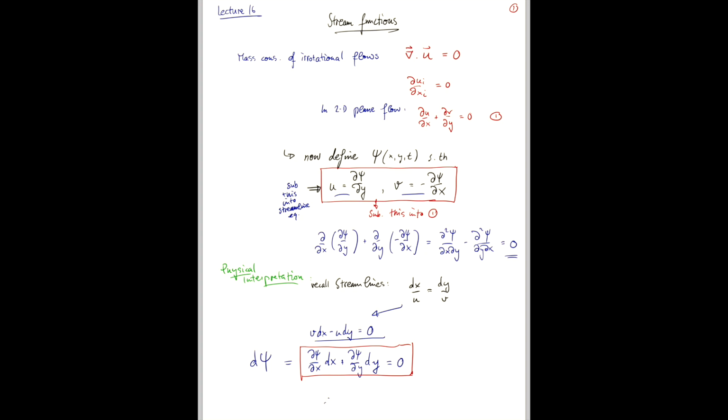So that means d psi is 0 along streamlines, i.e. our stream function psi is constant along streamlines, i.e. streamlines are contours of the stream function.